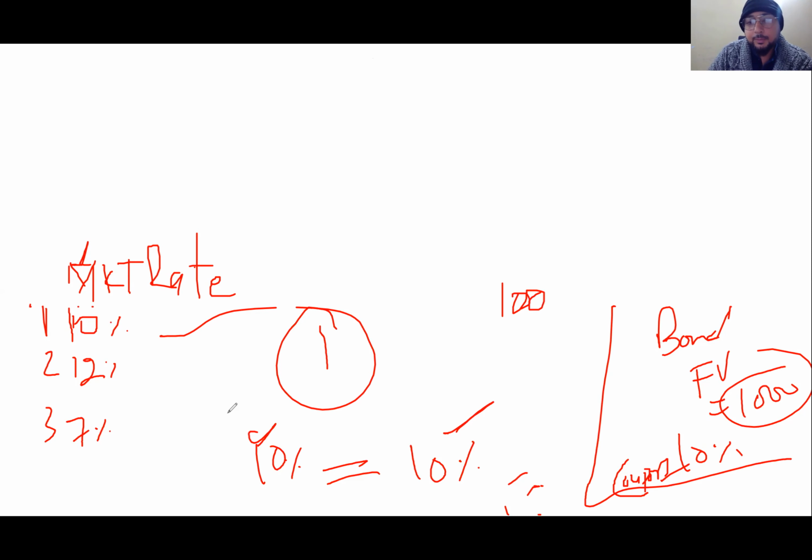Now you tell me, scenario 2. The market is giving you 12%, and this company is giving you 10%. So what do you think? Will people incline to save their money with the bank or with this company?